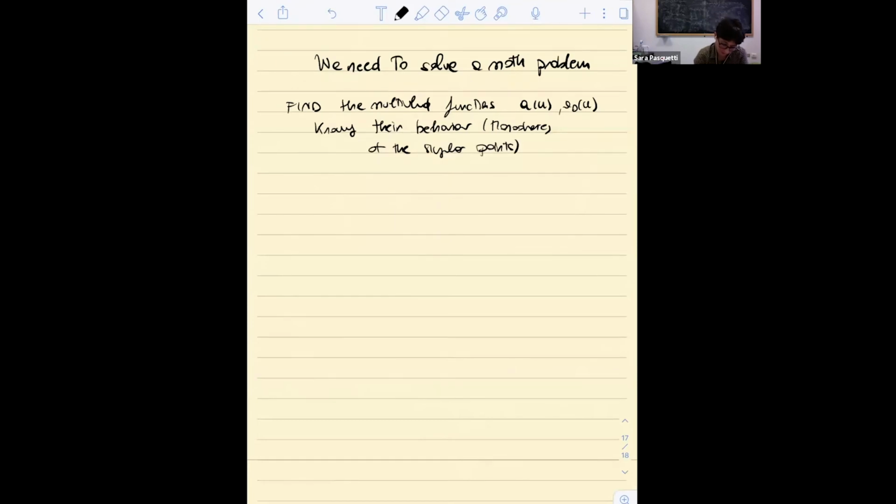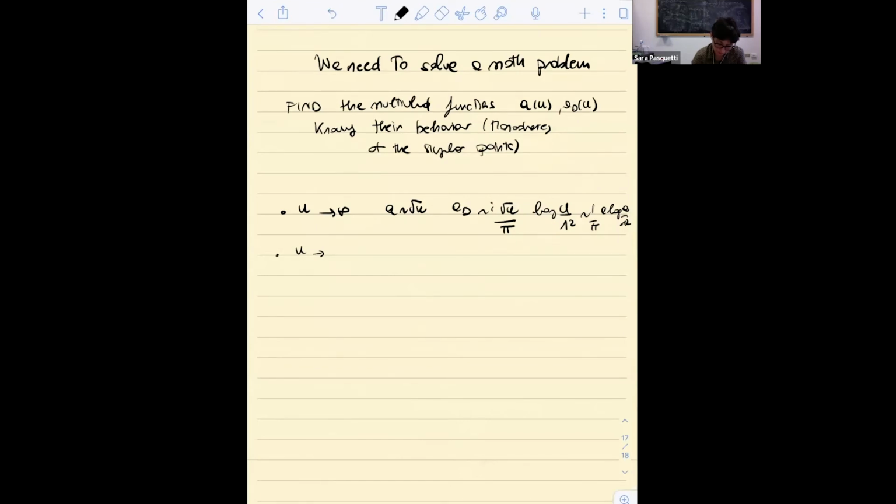So what are these singular points? We know that as U goes to infinity, A is proportional to the square root of U, and A dual is basically going like i square root of U over pi log of U over lambda squared, basically i over pi A log A over lambda squared.